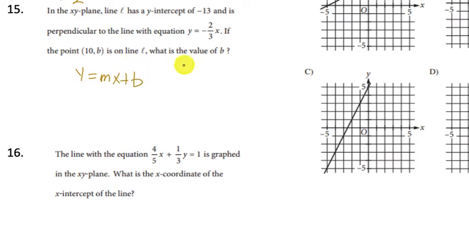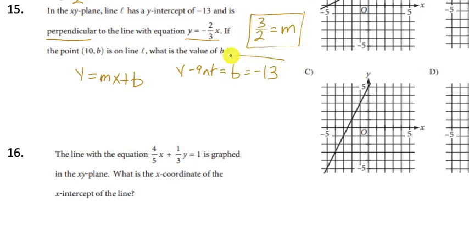They're telling us that our y-intercept, or our b, is negative 13. And they're telling us that our slope is perpendicular to the slope of this line. A slope perpendicular to negative 2 over 3 is positive 3 over 2. And this is going to be our slope. So we have our y-intercept, we have our slope.